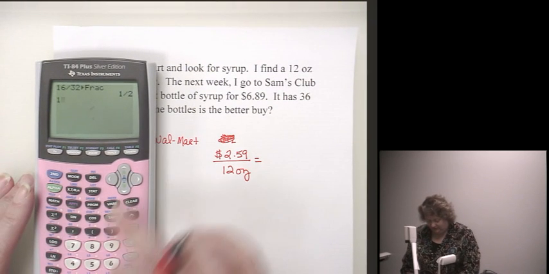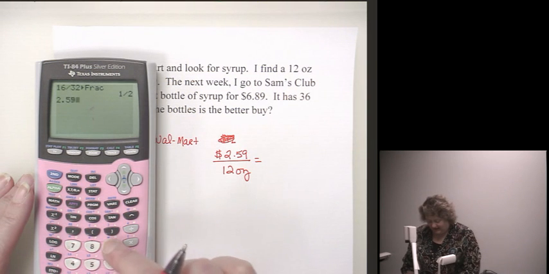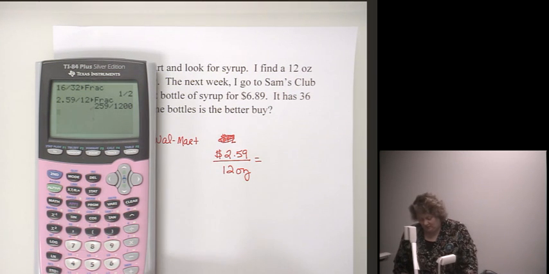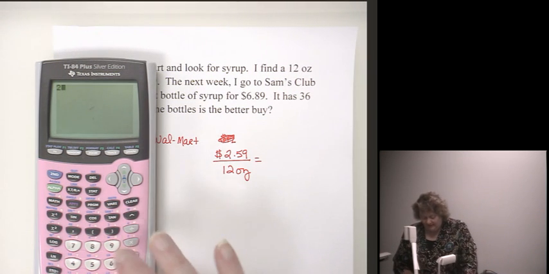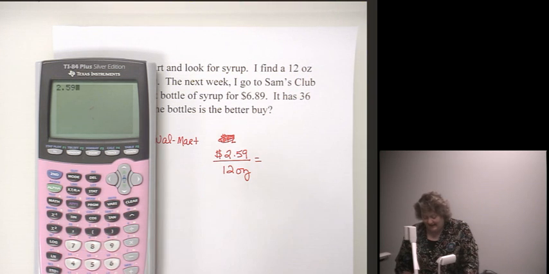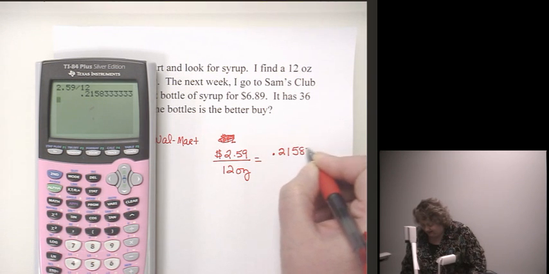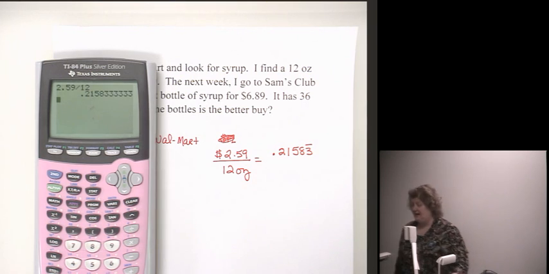You can put it in the calculator, 2.59 divided by 12, and if you go math fraction, it does reduce, it gives you an ugly number. Well, who wants to do that? What we want is to make it into a decimal. We want to do 259 divided by 12, which gives me 0.2158, and then the threes repeat, so I'm just going to leave it like that.